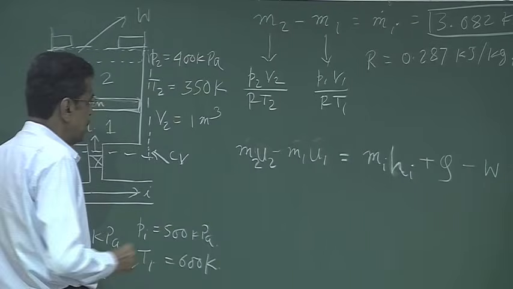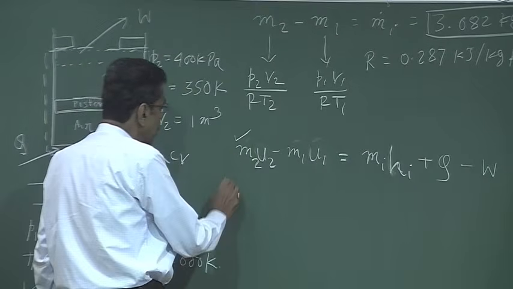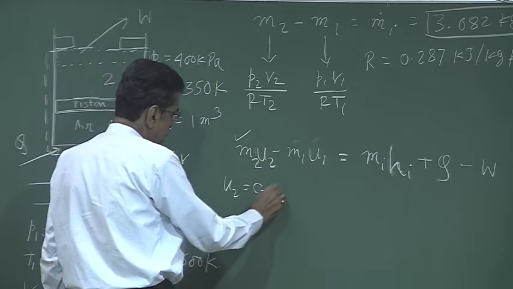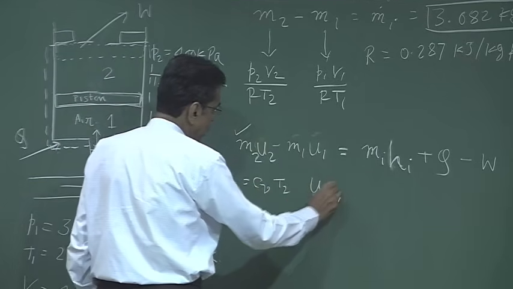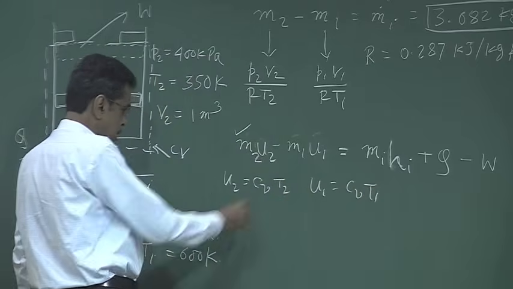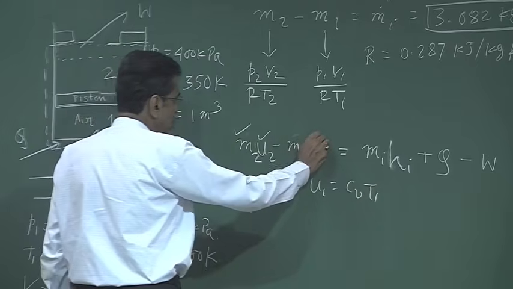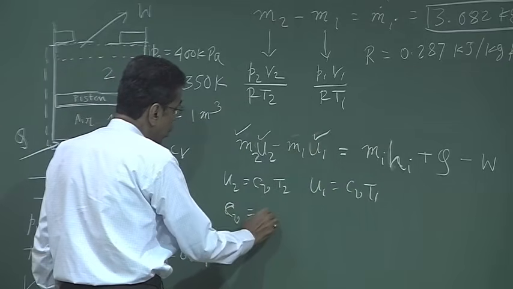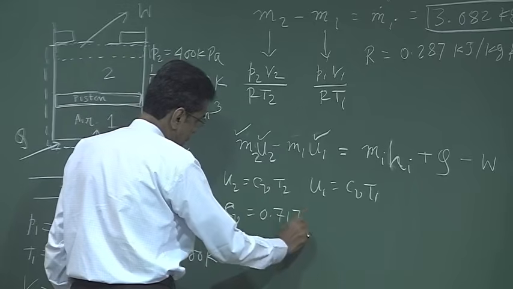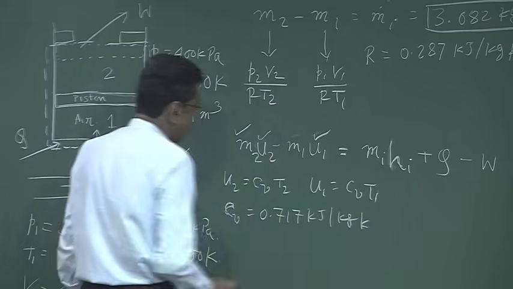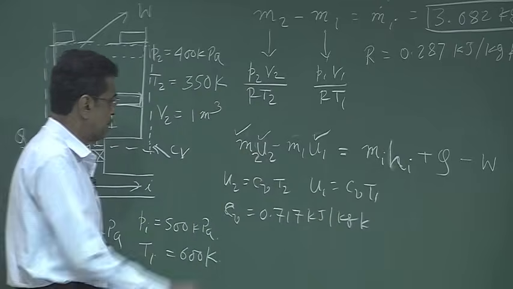Now here you see we know M2. Now U2 is CV T2, and U1 is CV T1. So if you substitute this, we know U2 and U1, with the value of CV for air equal to 0.717 kilojoule per kg K. So the left hand side everything is known.